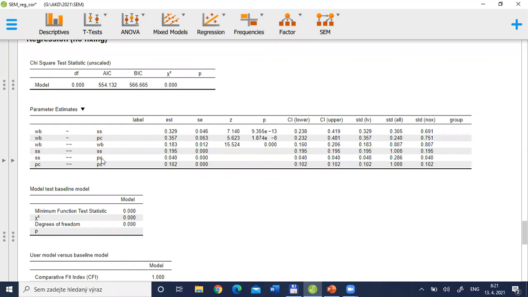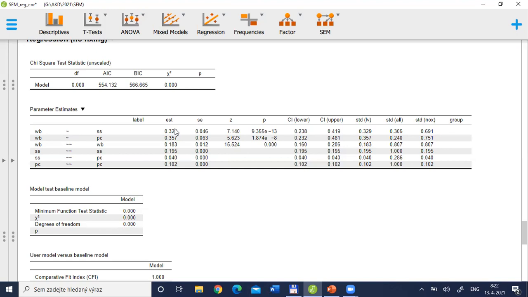It is expected in classical regression via structural equation modeling that predictors are also correlated. So 6 pieces of information as input, 6 pieces of information as output. So there is no space for testing, 0 degrees of freedom. So these coefficients or standardized coefficients are only, let's call it, descriptive statistics.